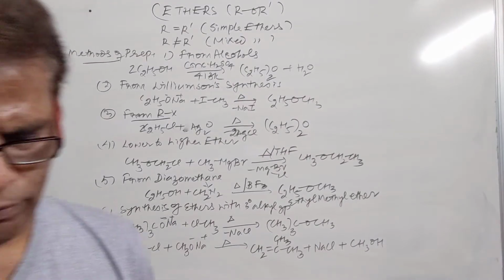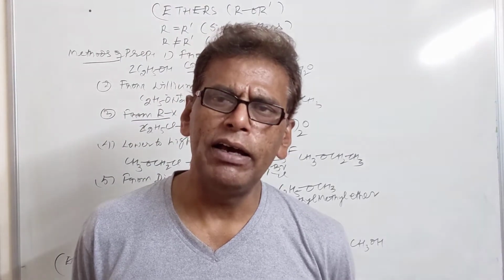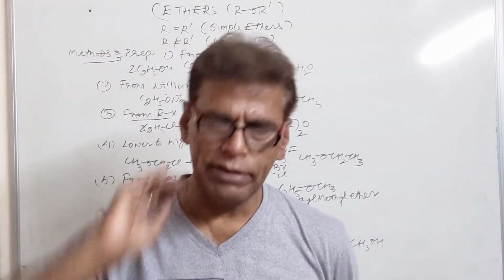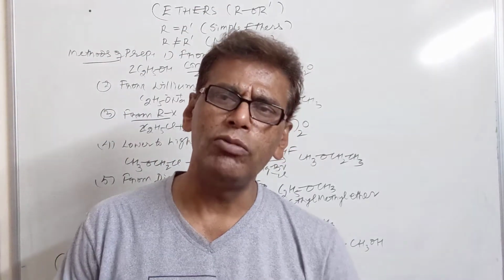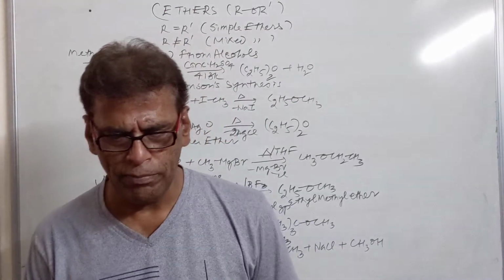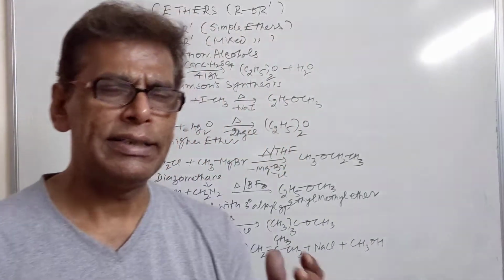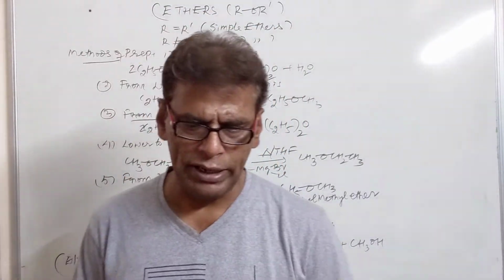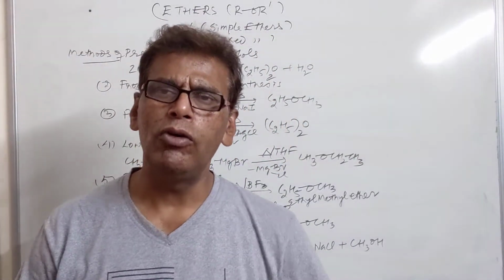Then we have the physical properties of ethers. Dimethyl ether and ethyl methyl ether are gaseous, while higher ethers exist in the liquid state, and they are soluble in water due to hydrogen bonding. They form hydrogen bonds with water. Oxygen of ROR' establishes hydrogen bonding with hydrogen of the water. Then dipole moment: they have very low dipole moment.